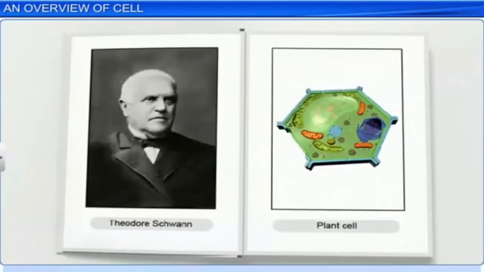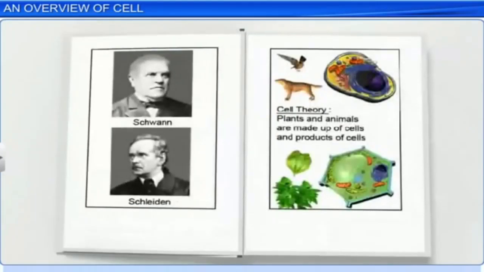Schleiden and Schwann together formulated the cell theory, which stated that both plants and animals are made up of cells and their products such as proteins and lipids. However, the cell theory did not explain the formation of new cells, which was clarified by Rudolf Virchow in 1855.